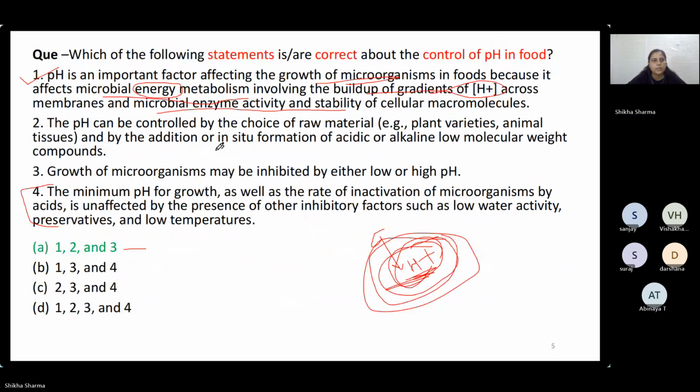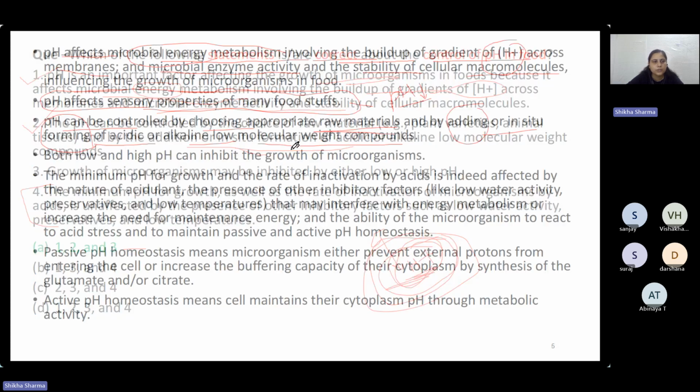So option second is also true, that we can add certain compounds from outside or certain compounds can form inside only. Citrus fruits, the citric acid amount is very high and the pH is low. So certain kinds of compounds will change the pH.